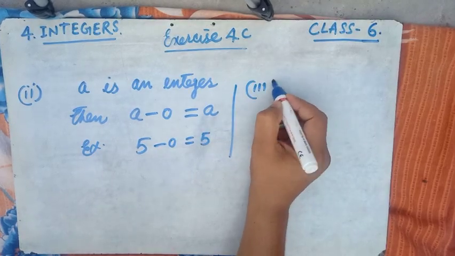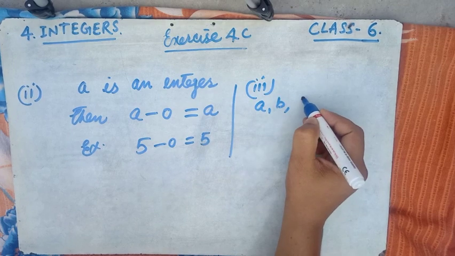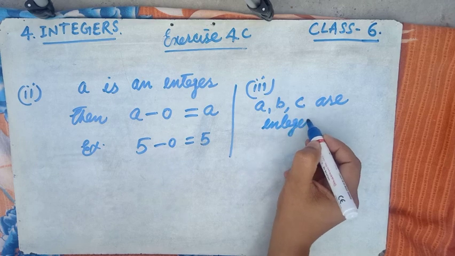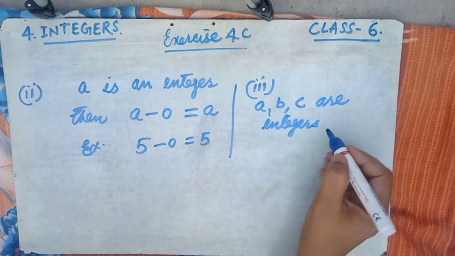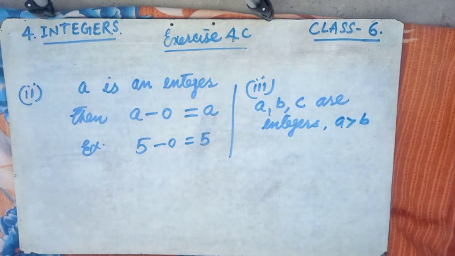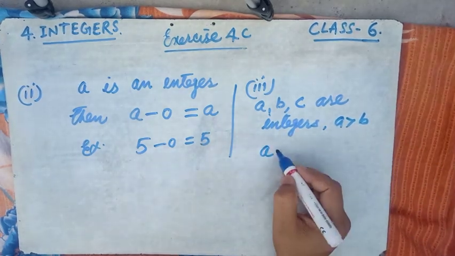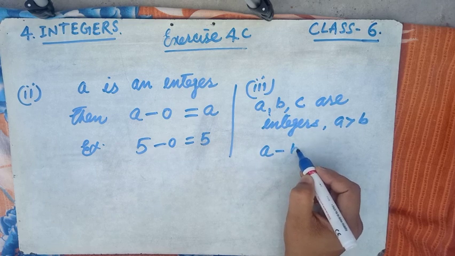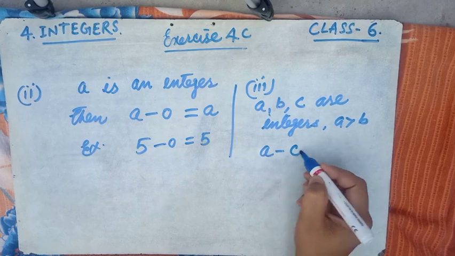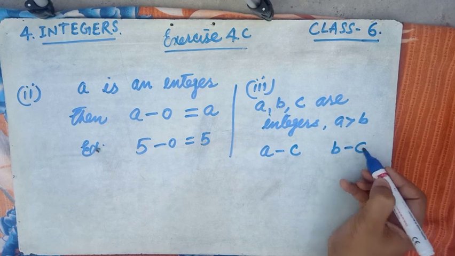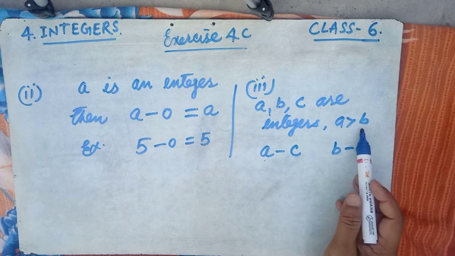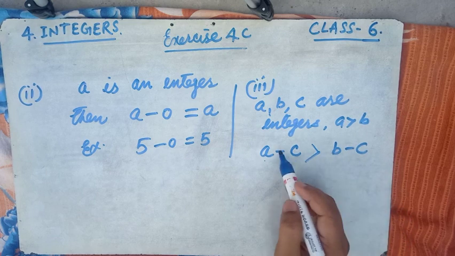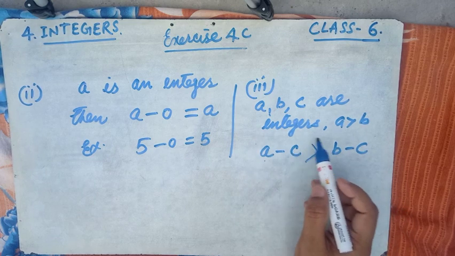Now the third point: suppose a, b and c are three integers, and a is greater than b. Then a minus c is greater than b minus c, where c is any integer.